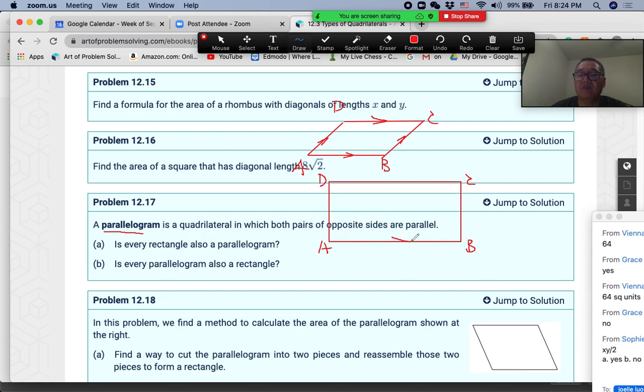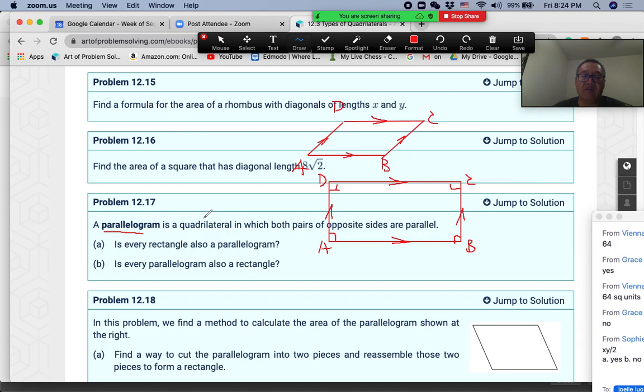AB is parallel with CD, and AD is parallel with BC, because all these angles equal 90 degrees. So that means this side is parallel with this side, and this one is parallel with this. So that means every rectangle is a parallelogram.